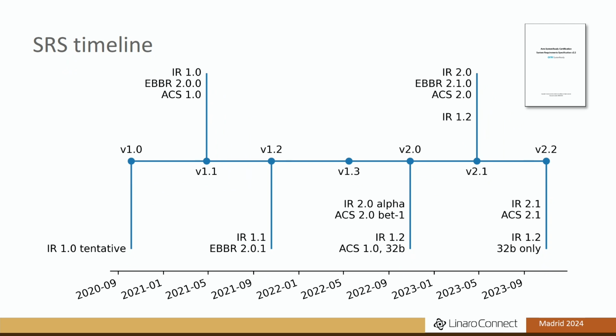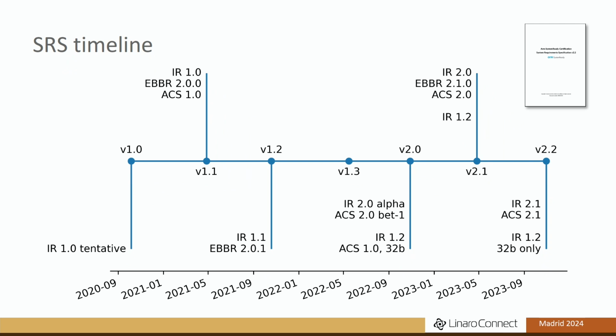So the ACS here is the software test image we are using during certification to verify the system. And you see that the SRS timeline is very regular. This is basically a time-driven document, which is not the case of other pieces.